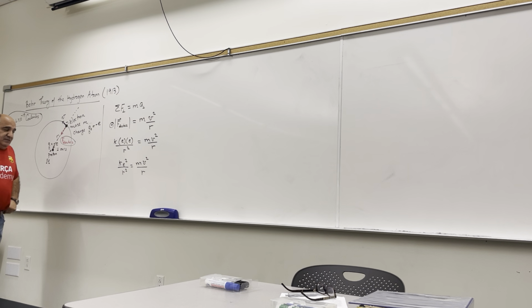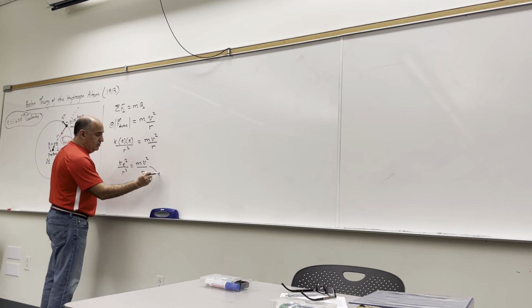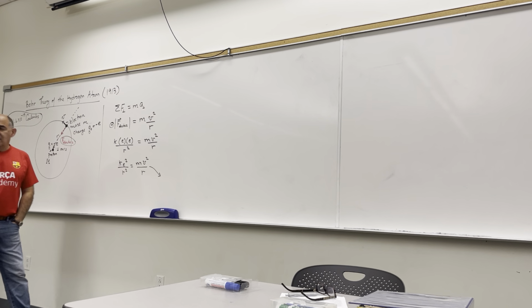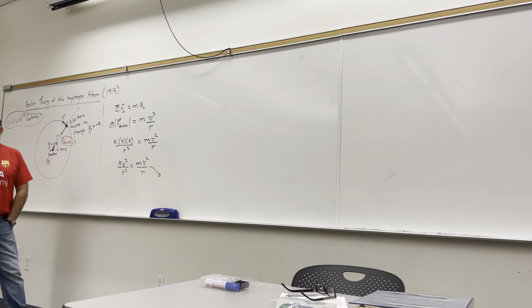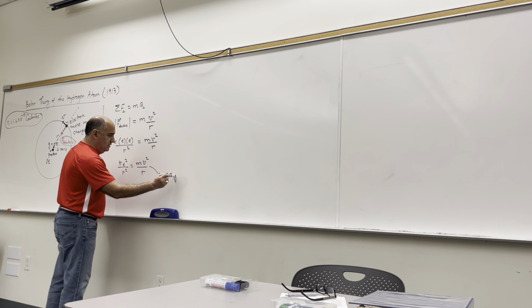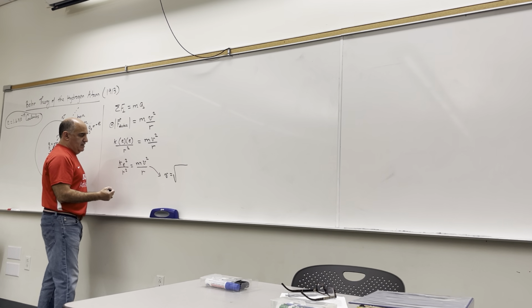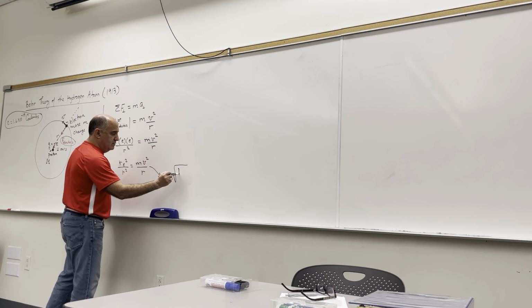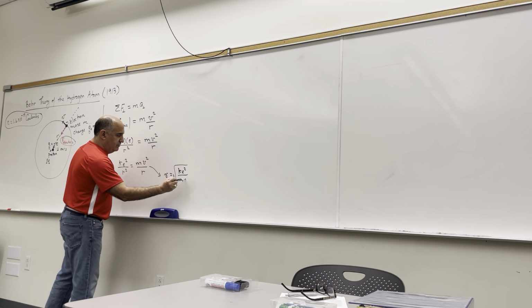And at this point, I guess we can do a couple of things. I can, for example, cancel one of the r's, and I can see that v will be the square root of k e squared over r.